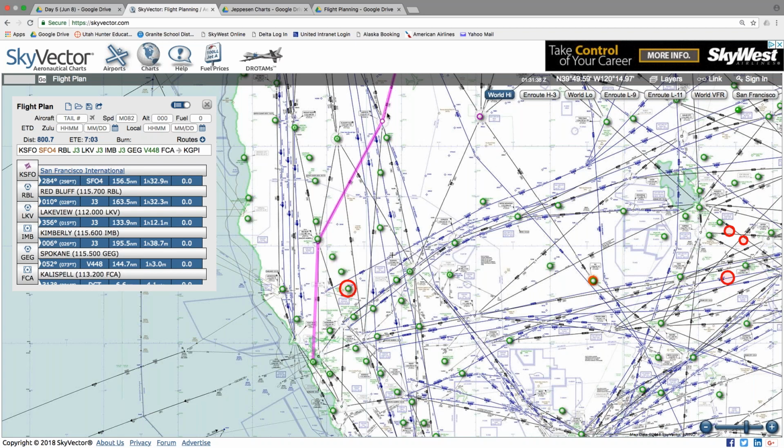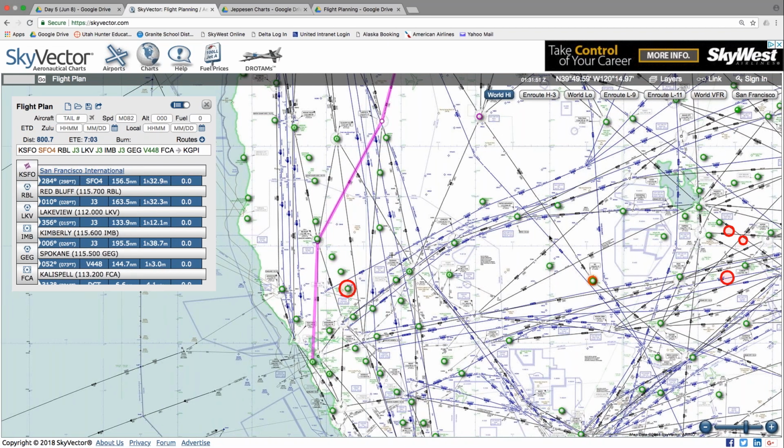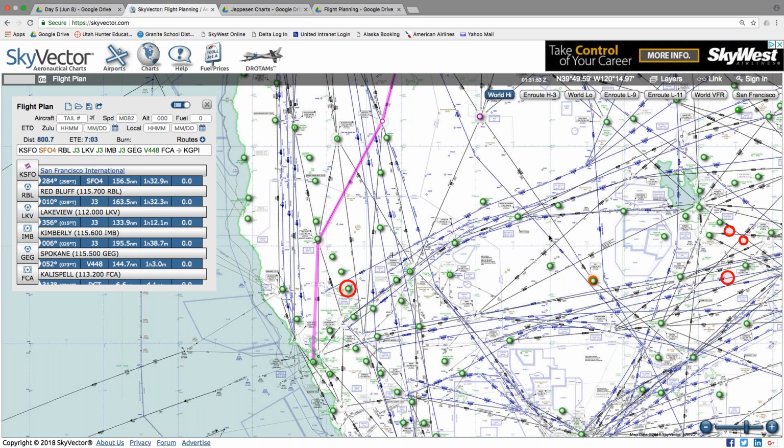We know from this VOR to this VOR, it's 163.5. Just take the difference of, let's see, 156.5 plus, here we go.